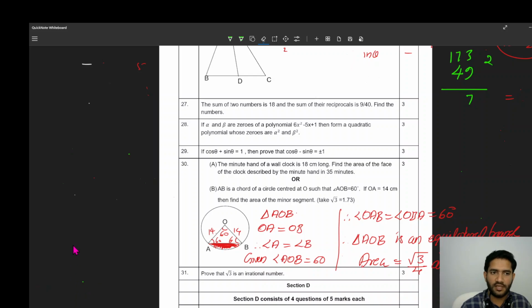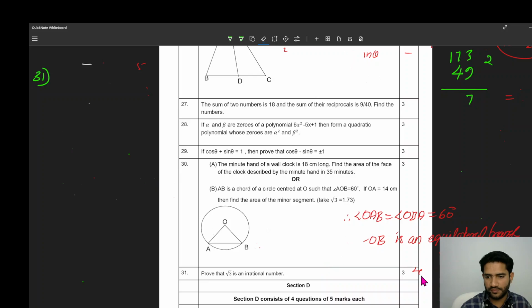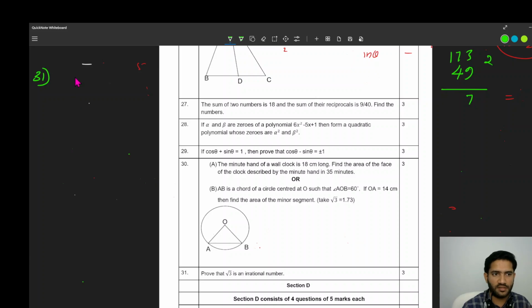So we consider root 3 is a rational number. That's the first step. That means we write root 3 is equal to p by q.